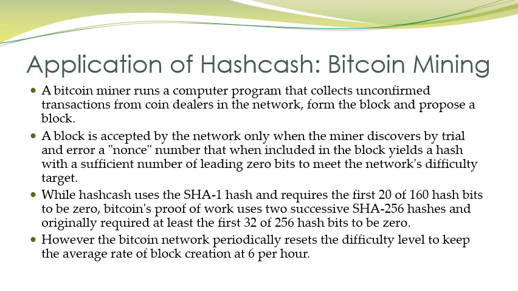The network server may increase or decrease the difficulty level depending on the load on the network. So the Bitcoin network periodically varies the difficulty level to keep the average rate of block creation at 6 per hour.